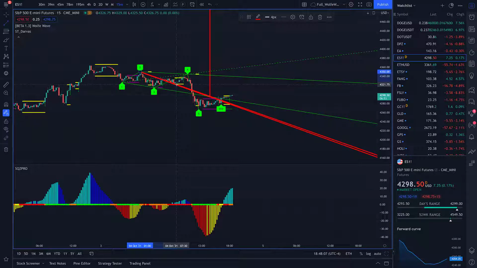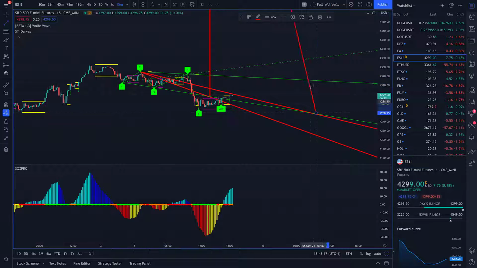Okay, so maybe right there, because that's the top. So then that would get you around 4,378 by October 5th, 9:15 a.m. tomorrow morning. Okay, so that's a trade setup, and then you can put your stop loss right here, 4,258.